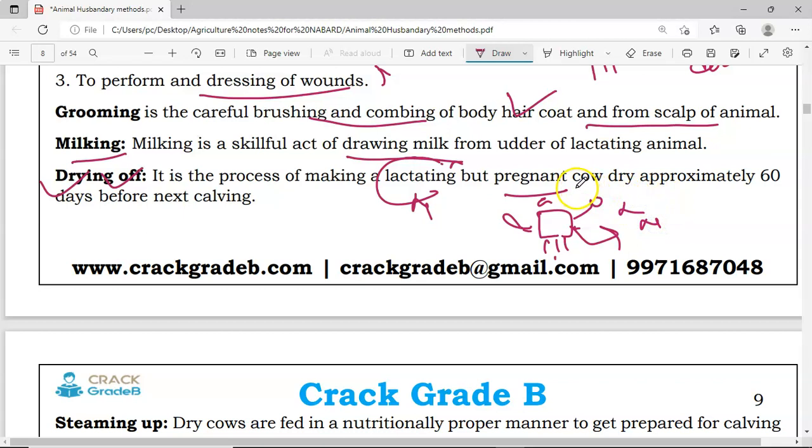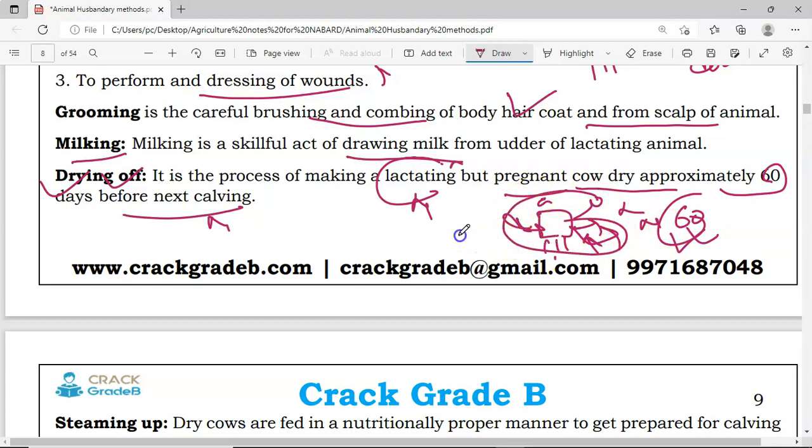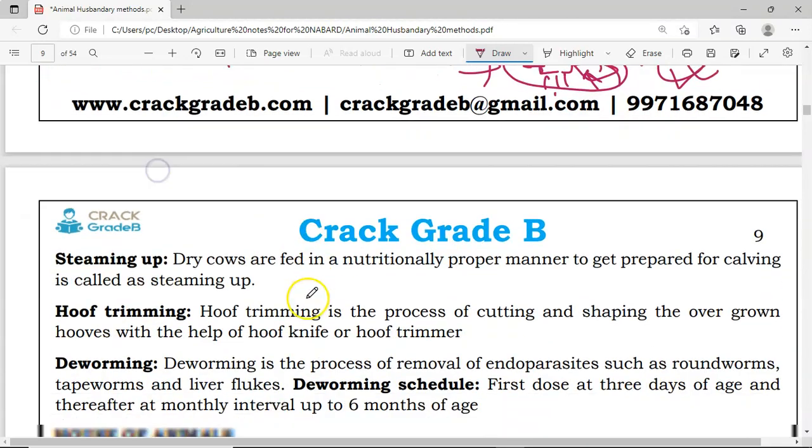For example, the cow is dried approximately 60 days before its next calving. So it is pregnant and it is going to give birth to a calf in the next 60 days. So for the 60 days before calving you will not milk your cow, and this period or process is known as drying off.